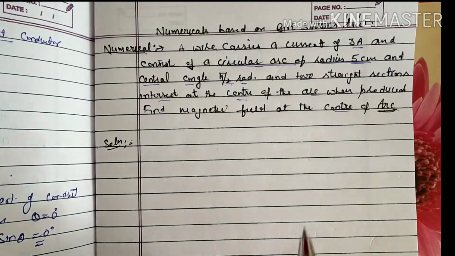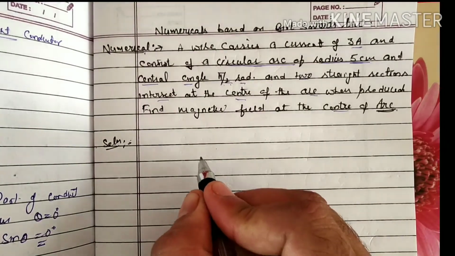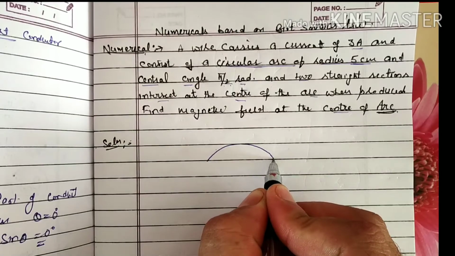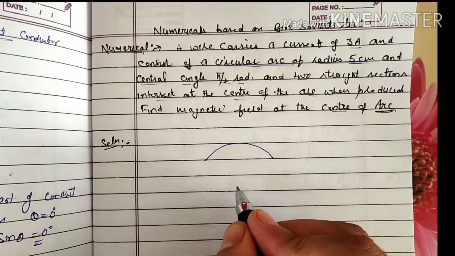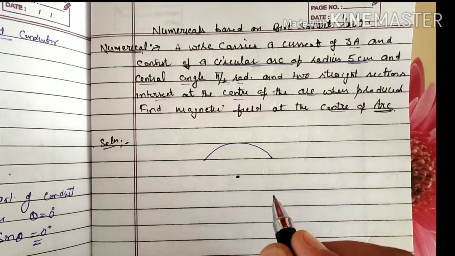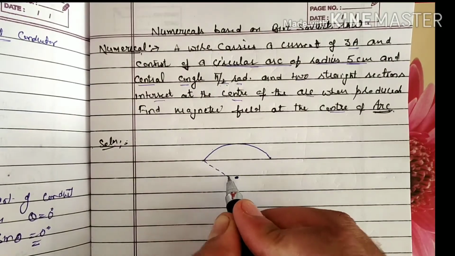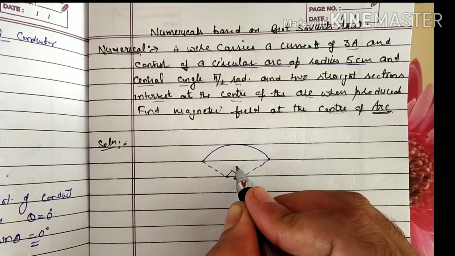So in the given numerical, we are given that there is one arc. We have this much arc that is given, and this arc will subtend an angle at the center of this arc, pi by 2.